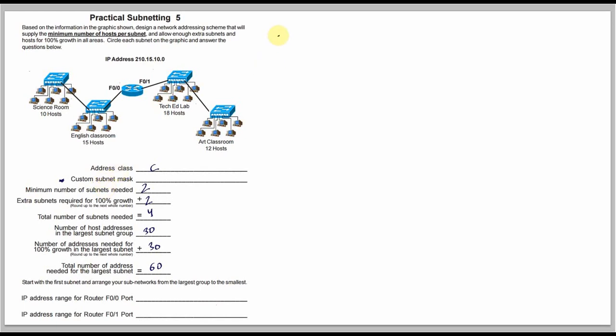We're going to have to refer to our HSB method, that would be host, subnet, and binary.